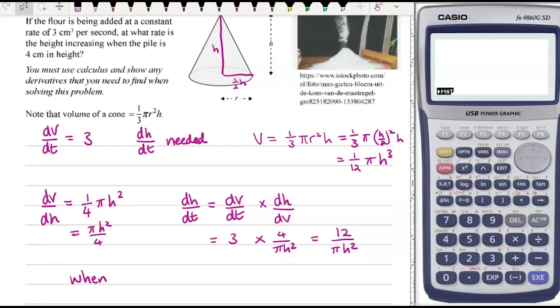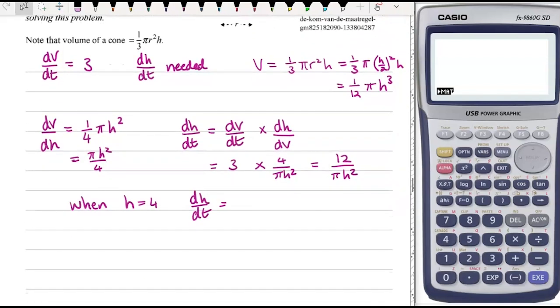Now we want to work out what that is when the pile is 4 centimeters high. So when h equals 4, dh by dt is 12 over pi times 4 squared.